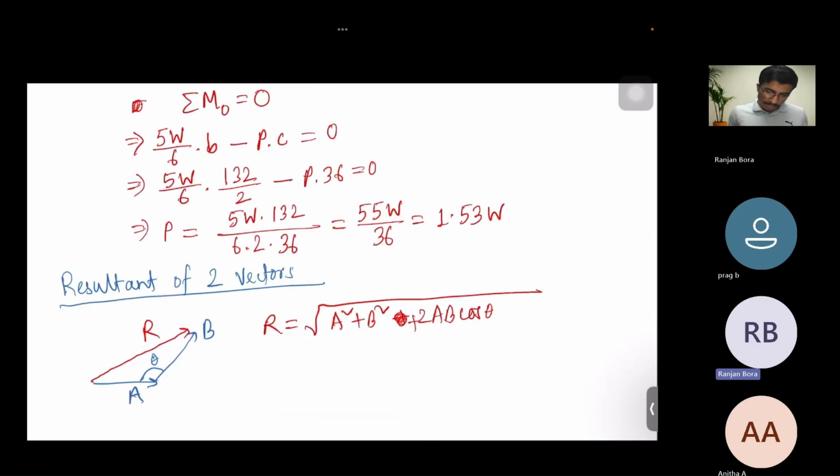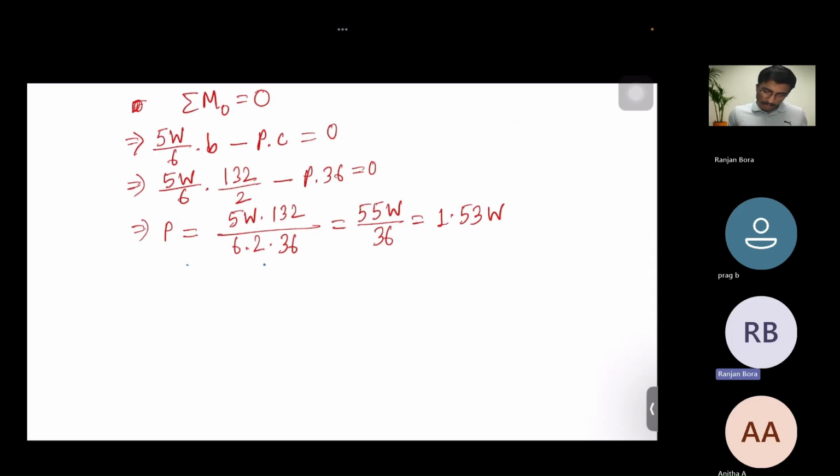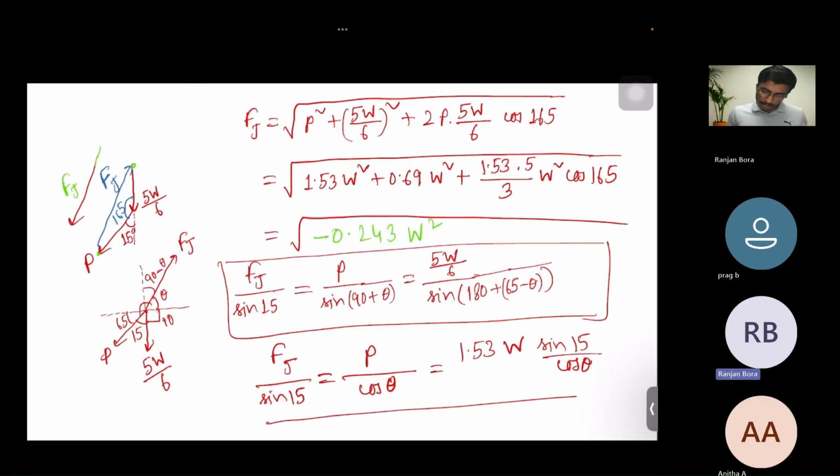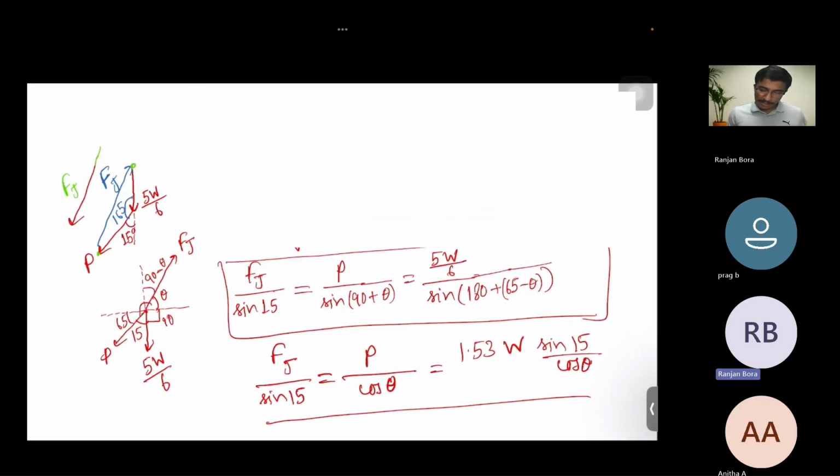Okay, now we can substitute the theta into this equation. Then we'll get Fj.